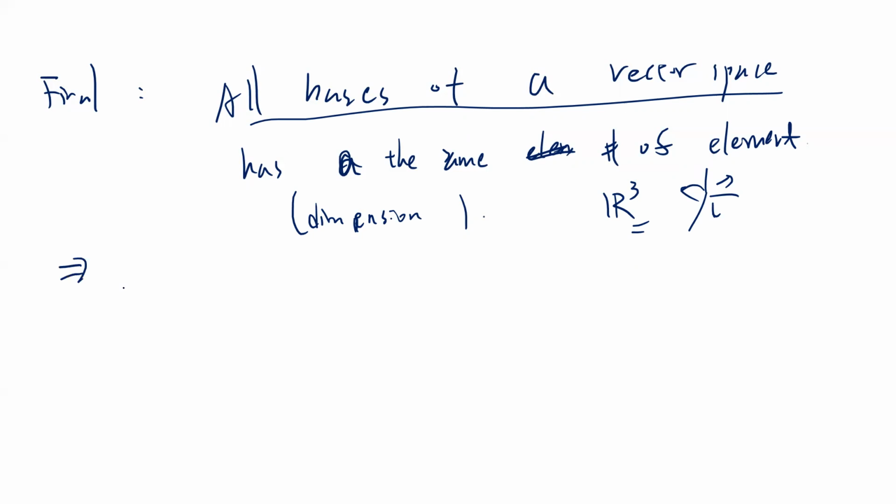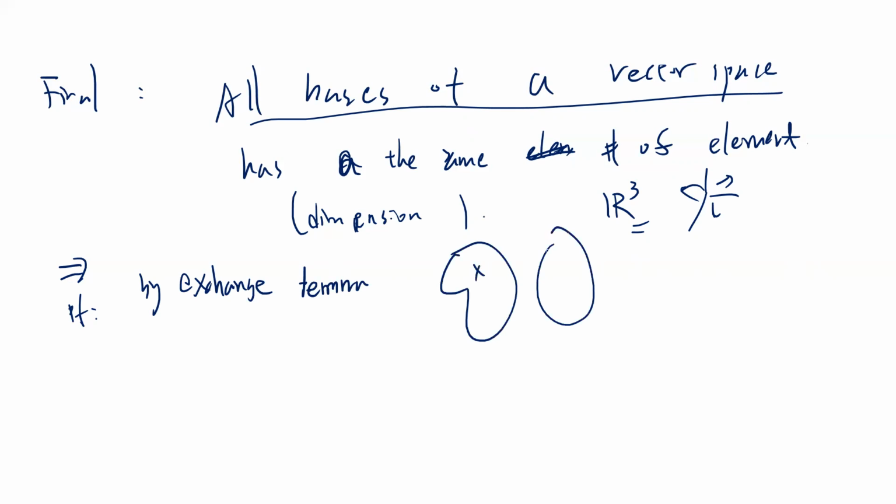So the proof is by exchange lemma, right? The idea is that things you can exchange. The exchange lemma tells you that I have X and I have Y, and for each X, I can delete it and pick up some of Y and put it in, right?